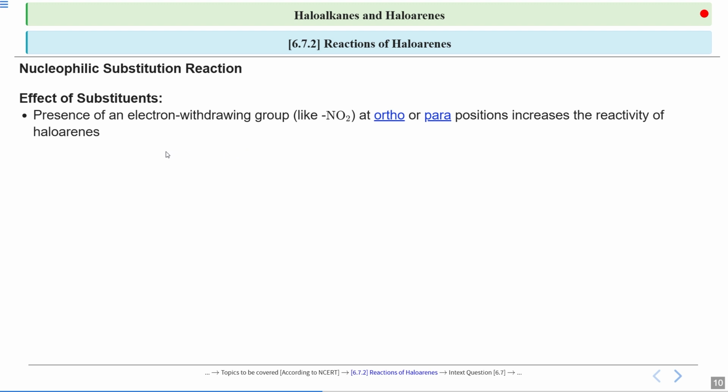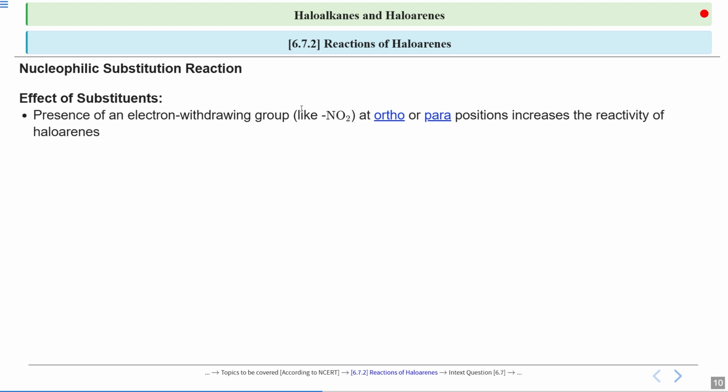If there is any electron withdrawing group present at ortho and para position specifically, this will increase the reactivity of haloarenes. Here we are taking the example of NO2. If a nitro group is present specifically at ortho and para position in the benzene ring, this will increase the reactivity of haloarenes.